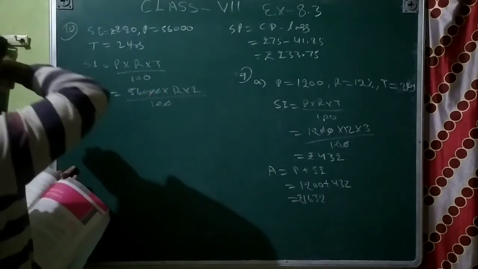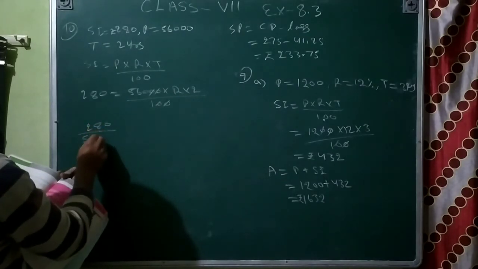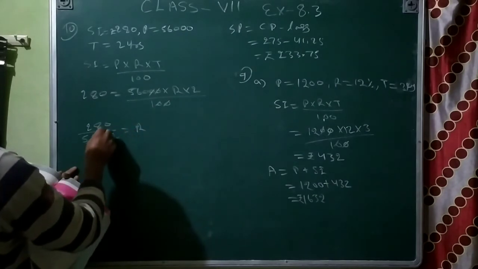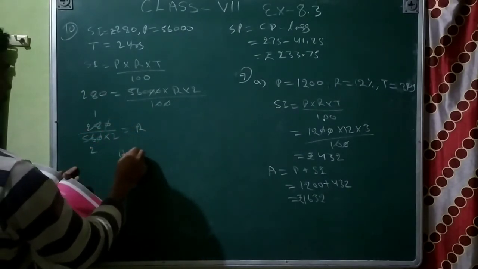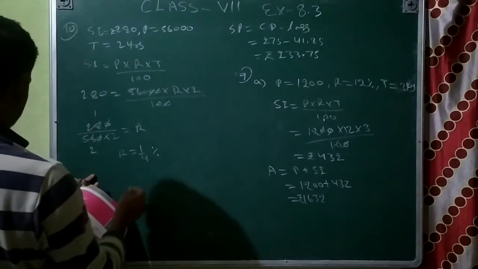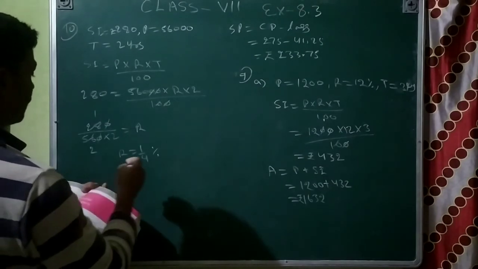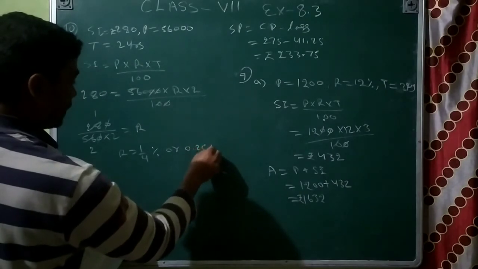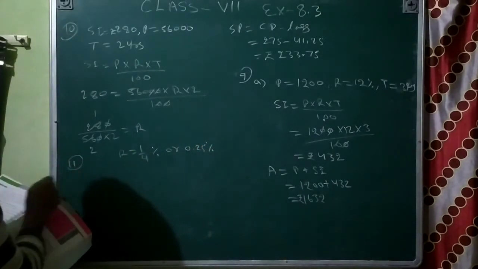This will be cancelled, and then by interchange that will come downside into 2 is equal to R. So cancel, 28 2s are. So R is equal to 1 upon 4%, or we can write that 0.25% by calculation.